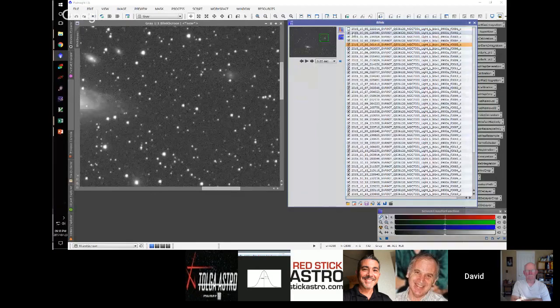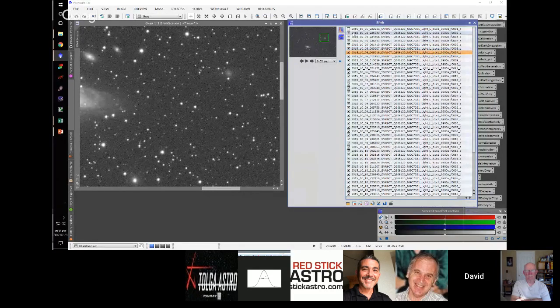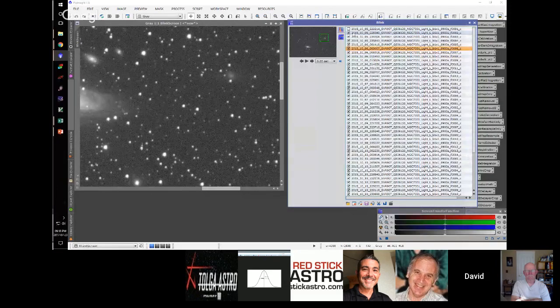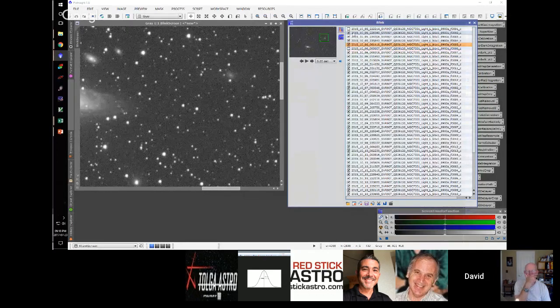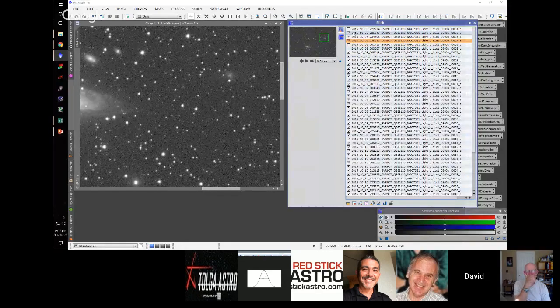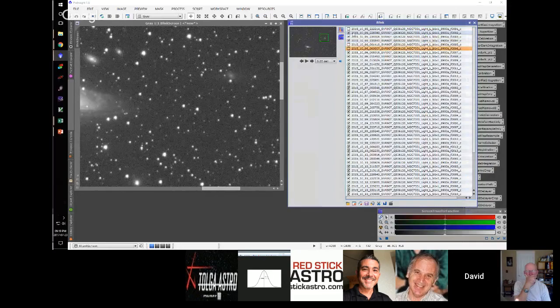And yeah, they're really starting to get bad there, even worse. And then they're better again, right? So this was a session where I had focusing problems, where the focus kept slipping. The draw tube was slipping, right? So I'd probably end up tossing a couple of those frames. I might keep this one. Stars are starting to bloat a little bit, but that one's probably going to even out some.